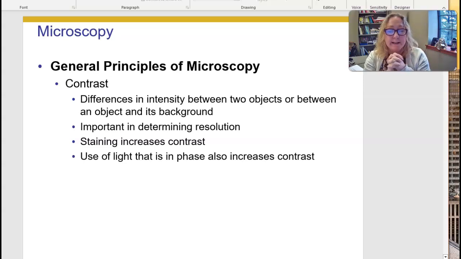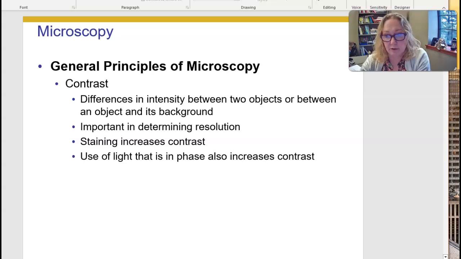It's important in determining the resolution, and staining increases the contrast. So if you have a nearly clear bacteria, you're not going to be able to see it on our microscopes. So we stain it. That will be the lab that we do on Tuesday. You will stain it so that you can see what's going on. That increases the contrast between the clear light coming through and then the stained microbe.